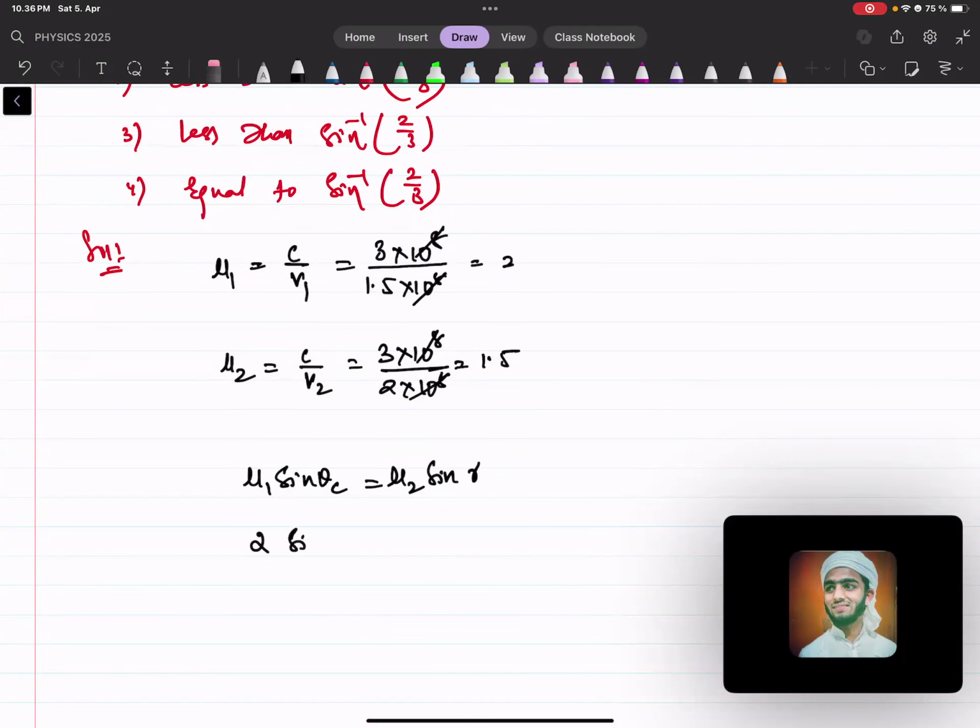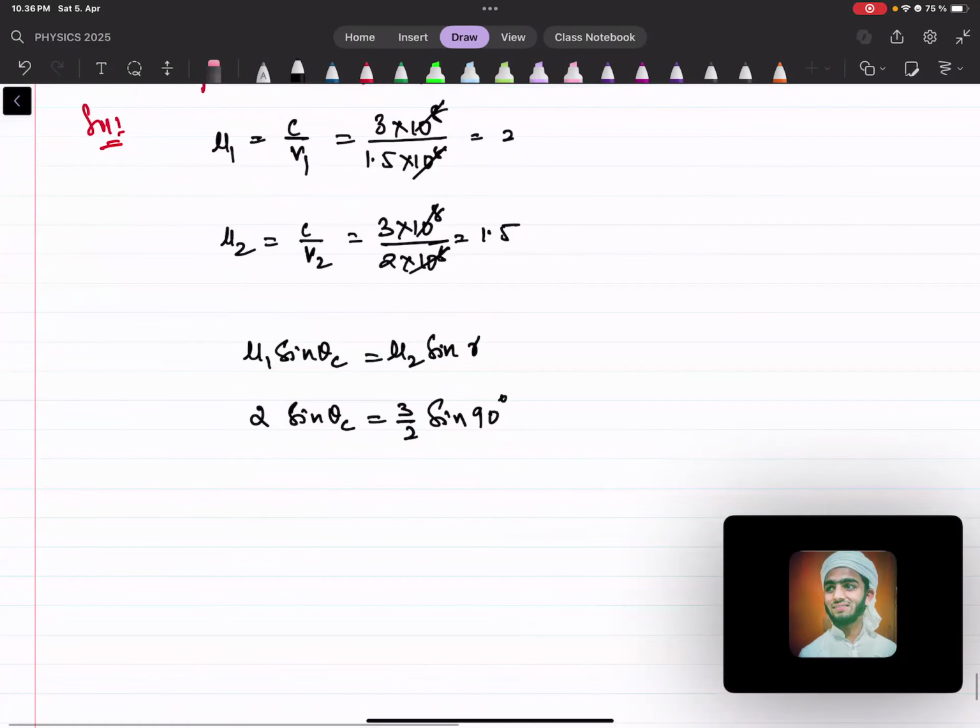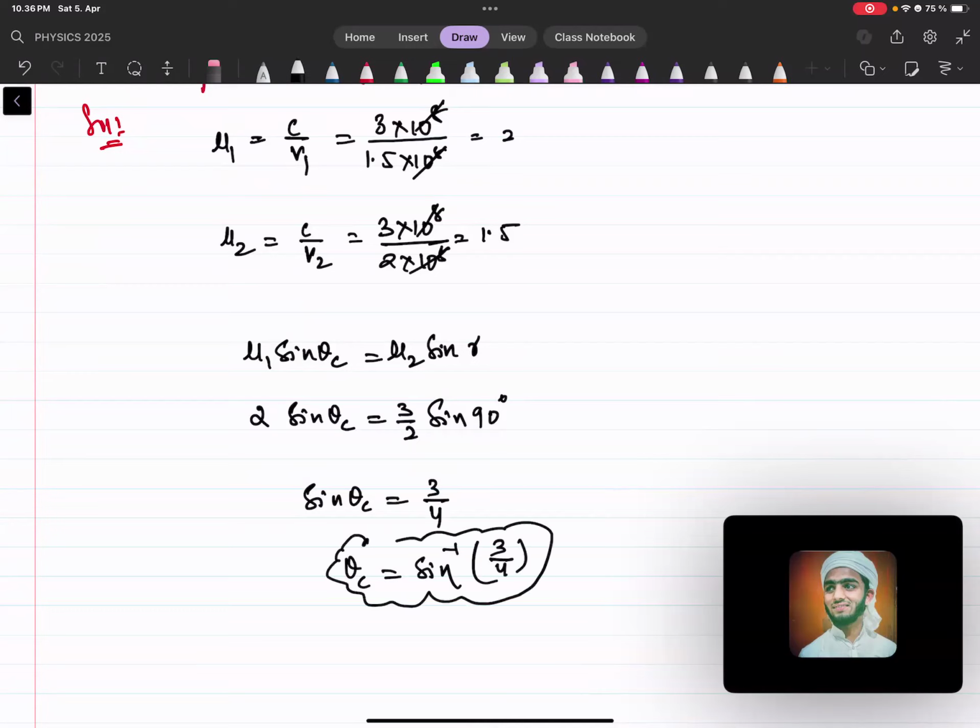That is nothing but 2 into sine of theta C is equal to mu2 is right now 3 by 2 into sine R. As it is undergoing the TIR, R value will be equal to 90 degrees. Sin 90 is how much? 1. So sin theta C will be equal to 3 by 4. 2 will come here right now. So theta C will be equal to sine inverse of 3 by 4. This is your critical angle.